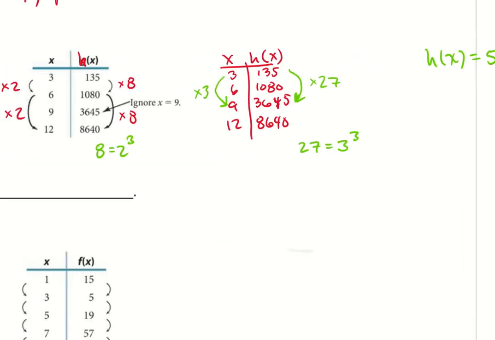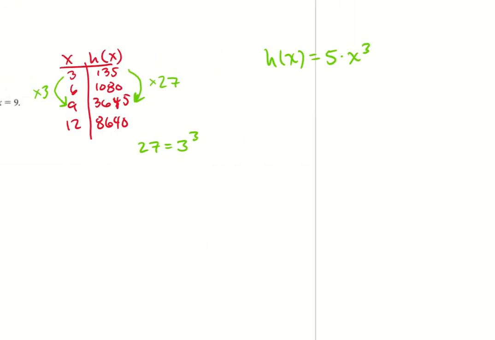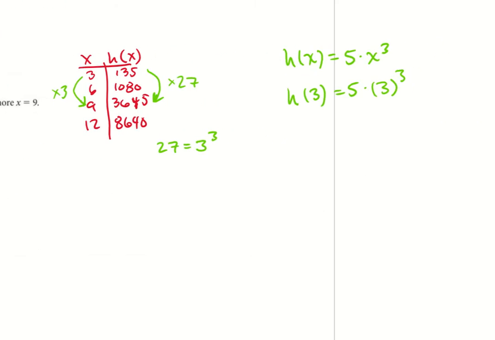Well, let's say we're going to plug in 3. So h of 3 equals 5 times 3 cubed. And that gives us 135. Now let's look at h of 6. H of 6 equals 5 times 6 cubed.